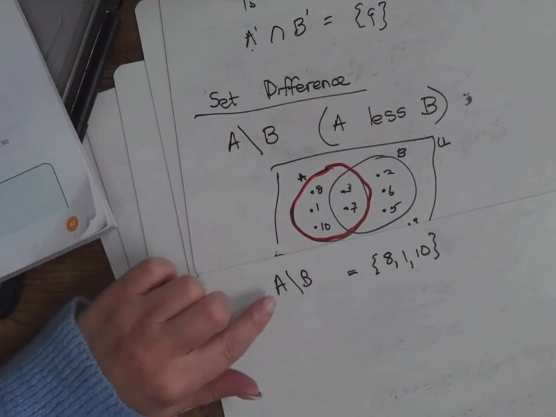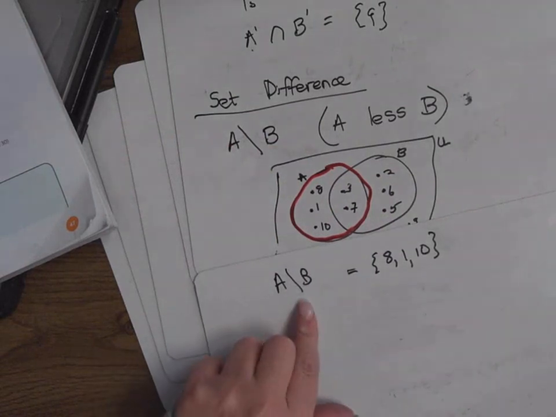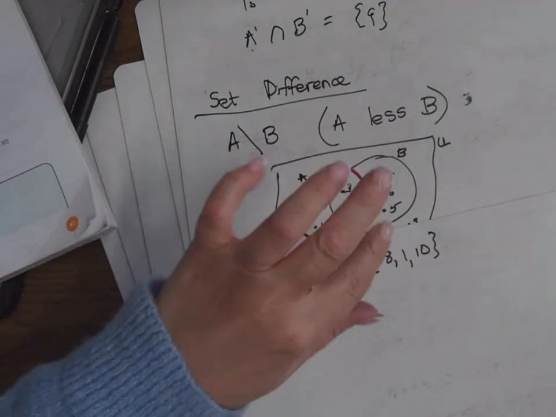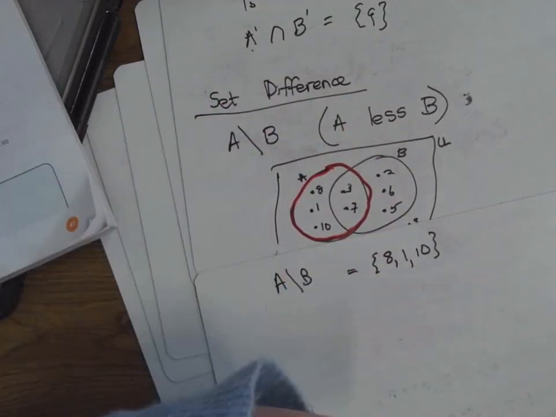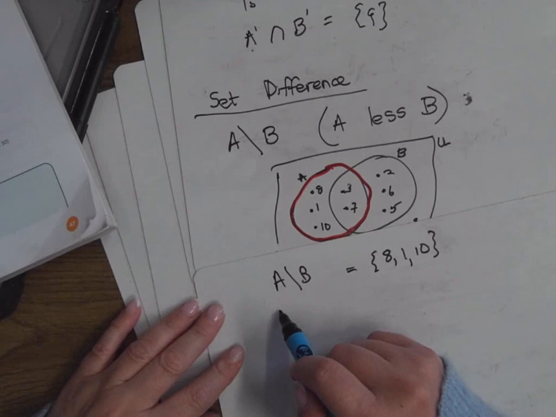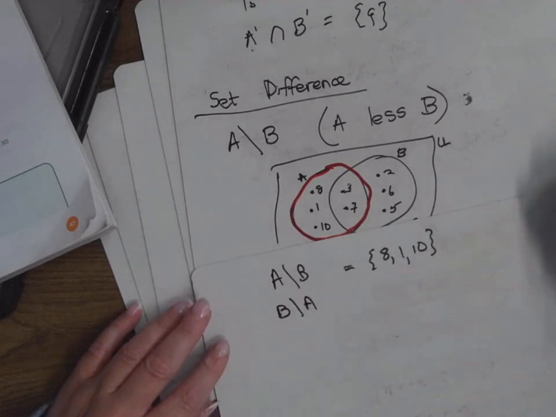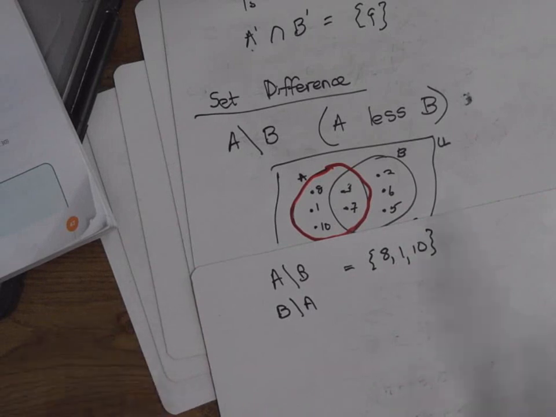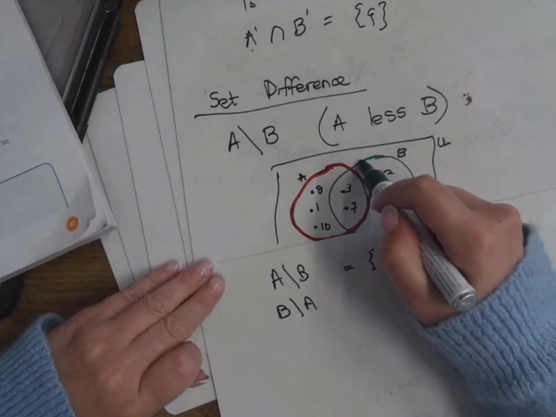So A less B means start with everything in the red circle and take away anything that's in B. So 3 and 7 are in B as well, aren't they? So you have to take those away, so I'll be left with 1, 8 and 10. What if I said B less A? Can anyone explain to me in English what I'm supposed to do? What do I start with? Yeah.